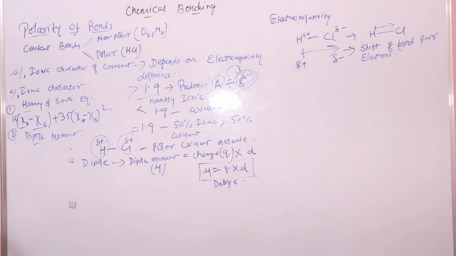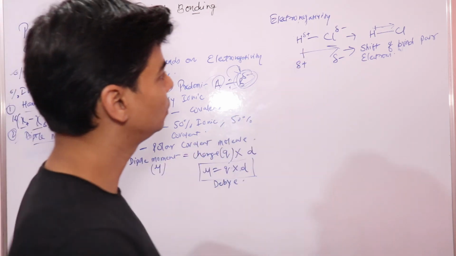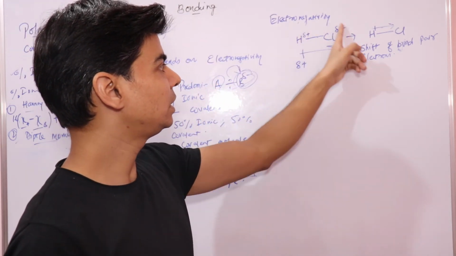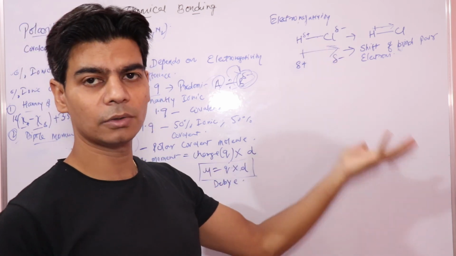Now let's look into the dipole moment of some polyatomic molecules. In the diatomic case, this is a simple molecule, so the dipole moment of HCl depends on the dipole moment of one bond.